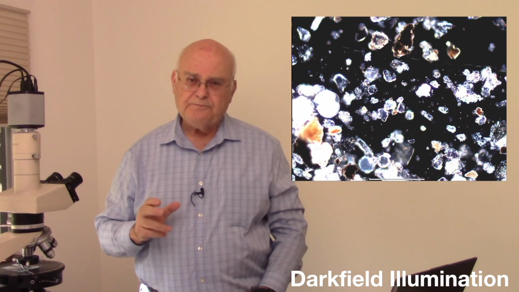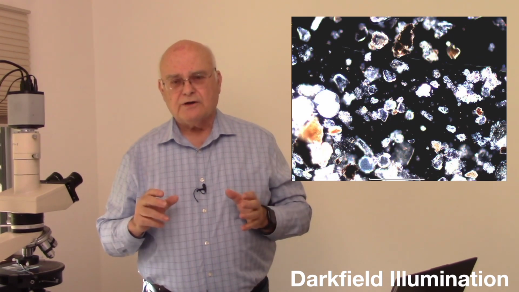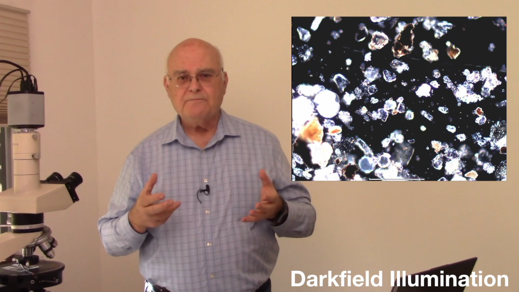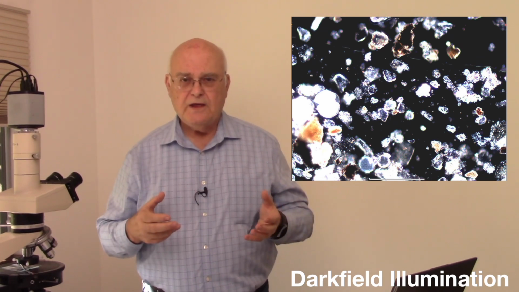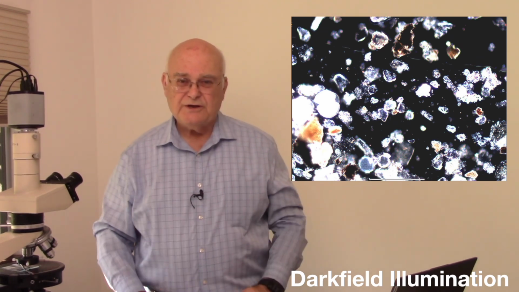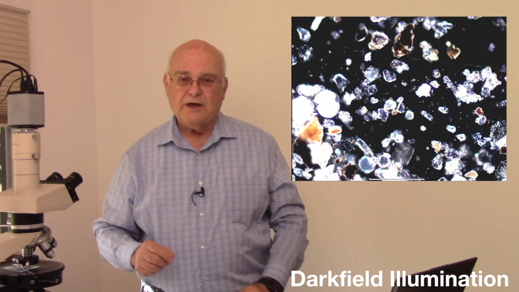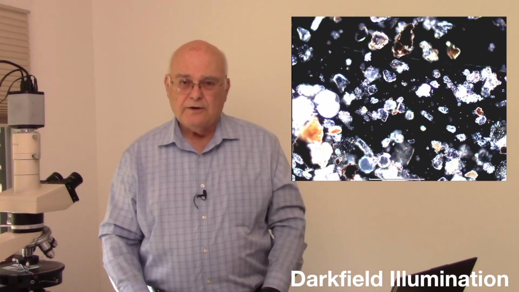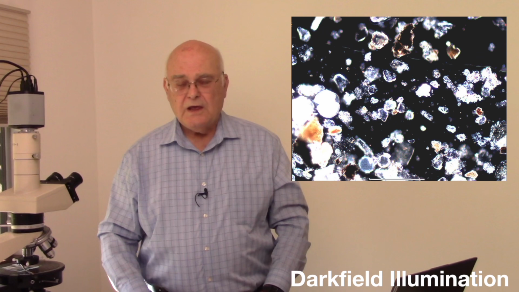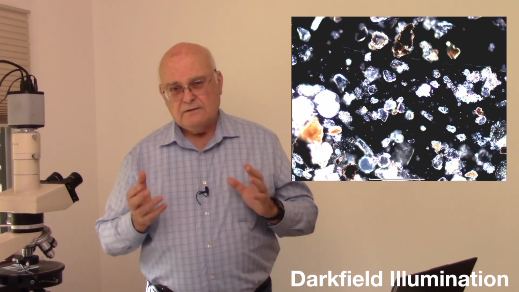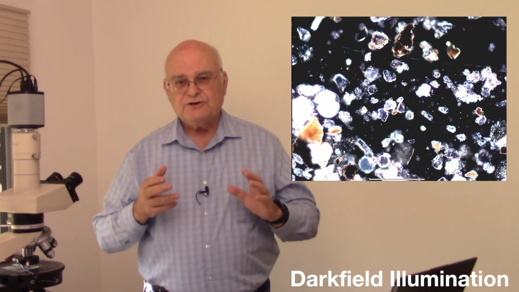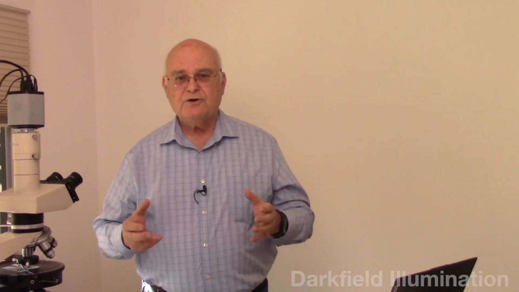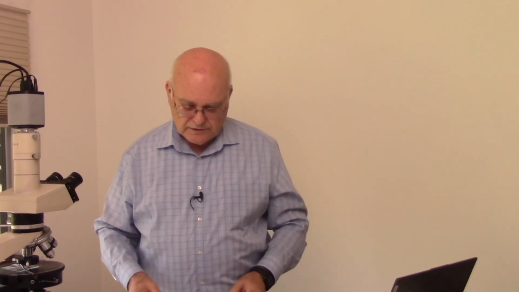The result is that some of the particles become much brighter than others, and we actually lose some of the detail that we were picking up with the more narrow dark field illumination. The type of illumination that we use is critical in order to see what we need to see in the particles that we're examining.